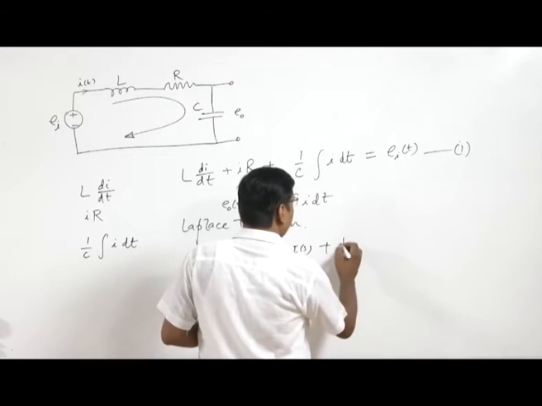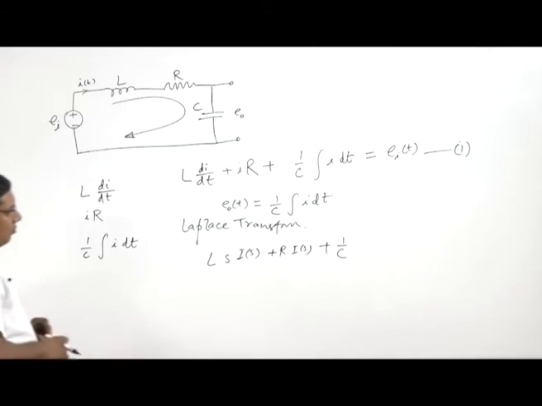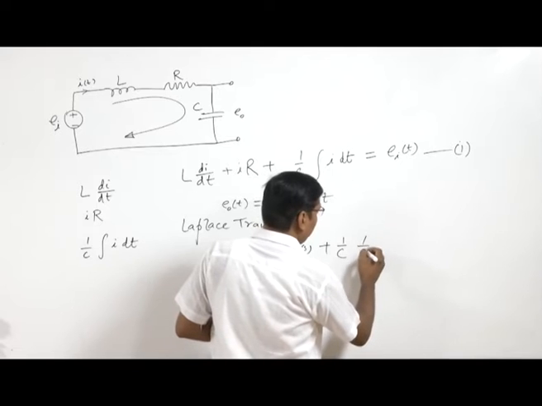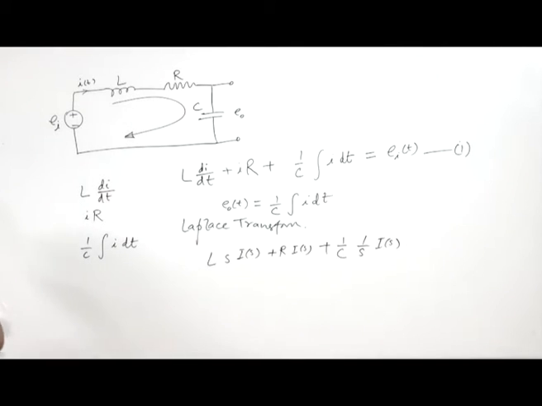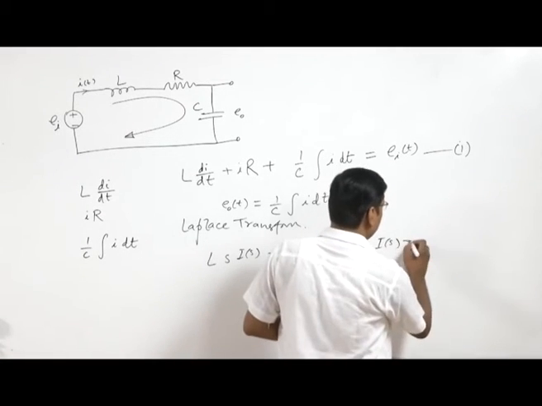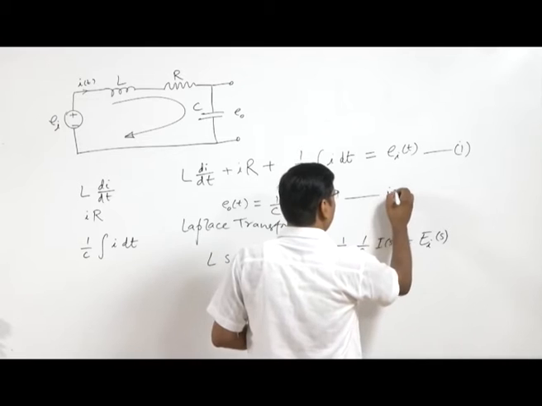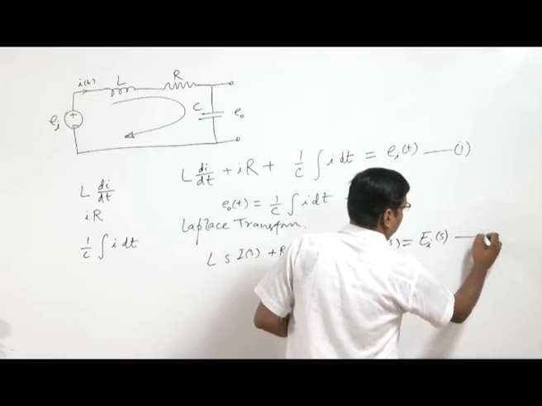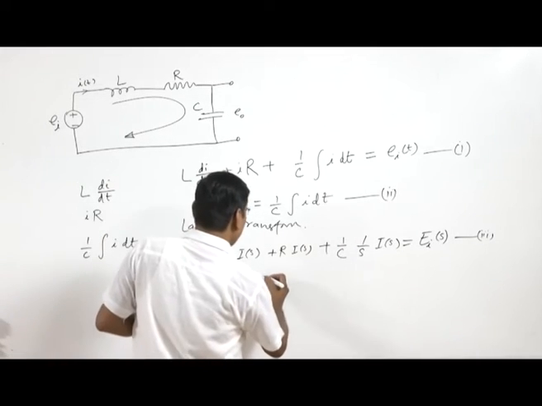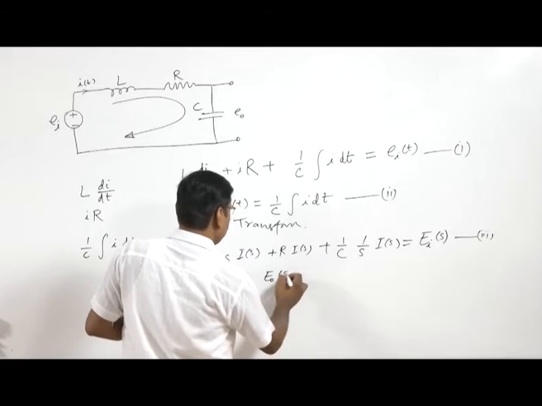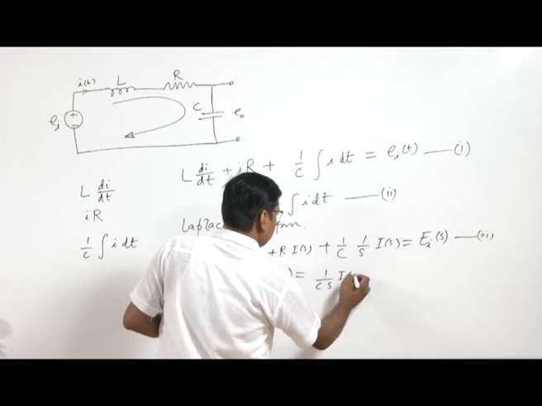And here is 1 by C times the integral, so 1 by s into I(s), because the Laplace transform of an integral is 1 by s. That will be equal to Ei(s). For equation 2 we can write Eo(s) equal to 1 by Cs times I(s).